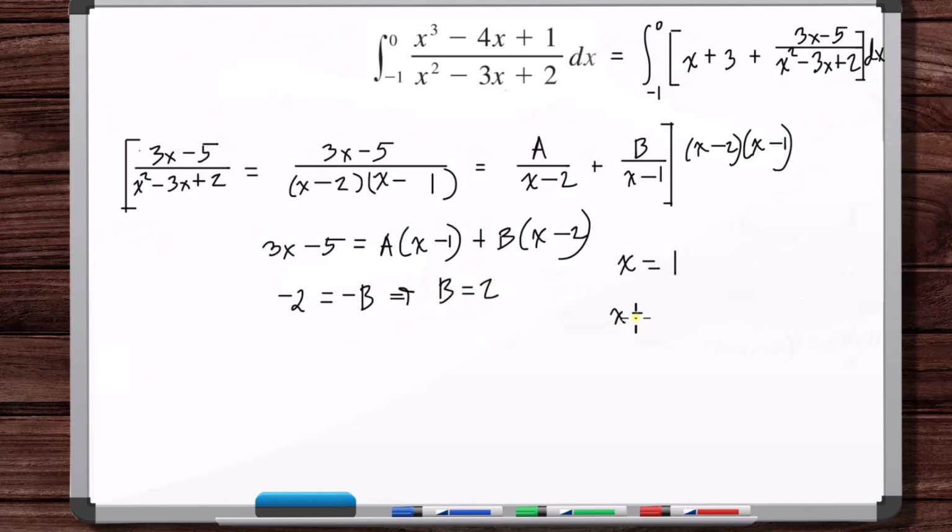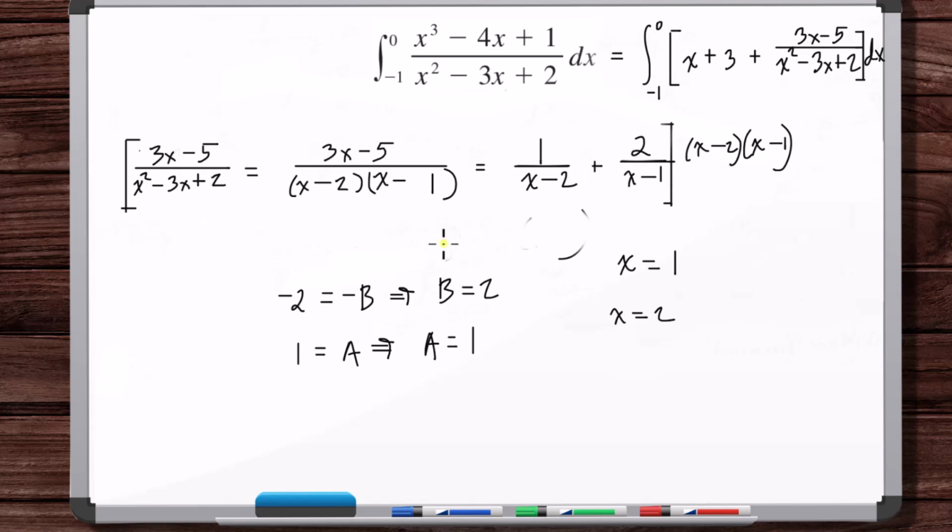If you say x is equal to 2, you've got 6 minus 5. Okay, a is equal to 1. So that is the decomposition.